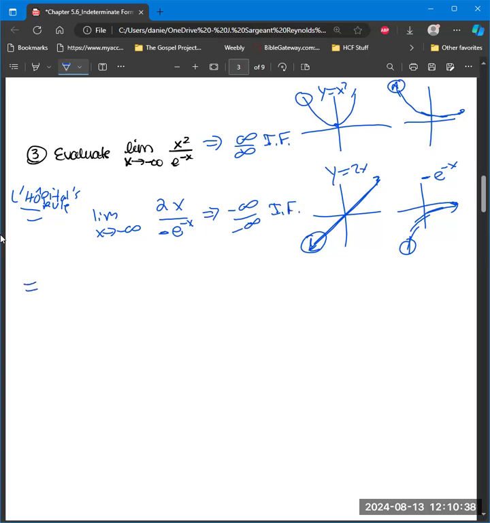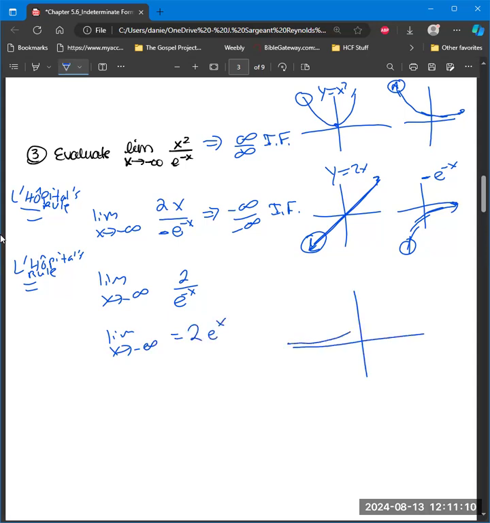So let's use L'Hopital's rule again. And that's going to be the limit as x goes to negative infinity of 2 over e to the negative x. Well, that's the same thing as the limit as x goes to negative infinity of 2e to the x.